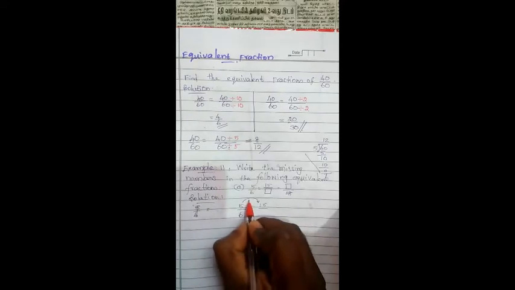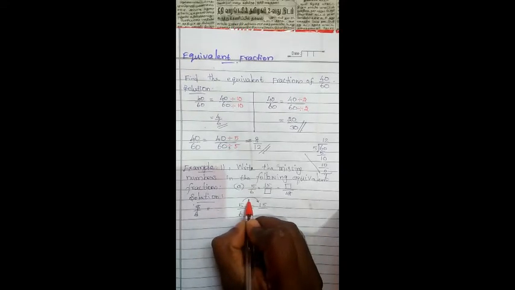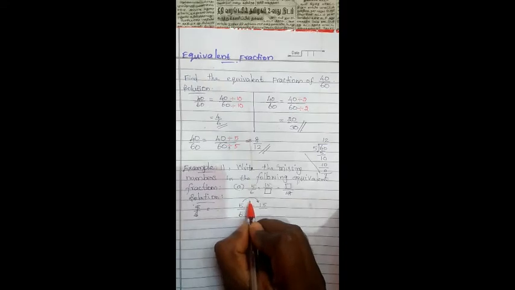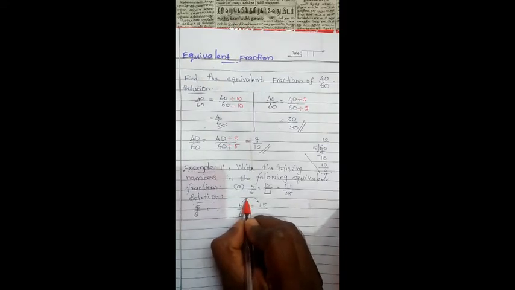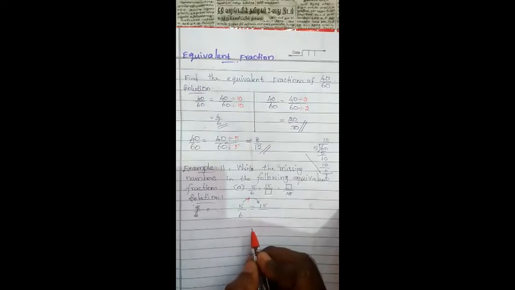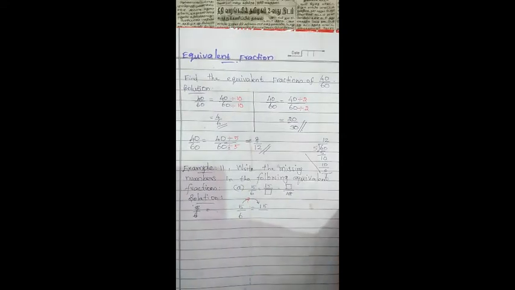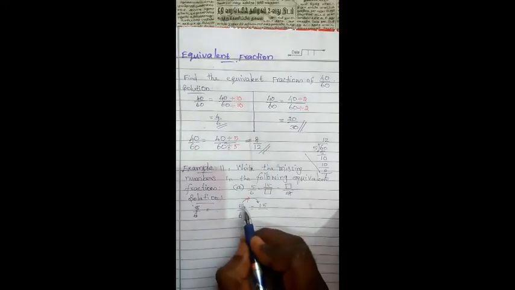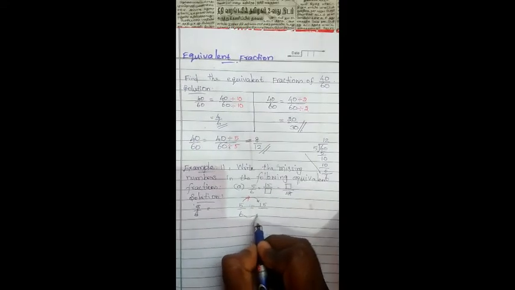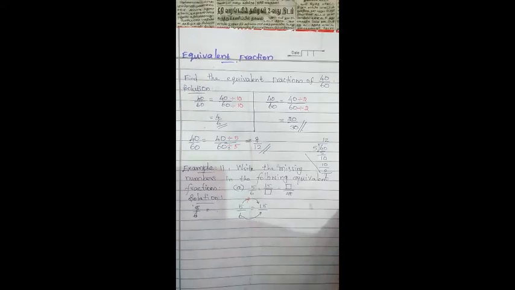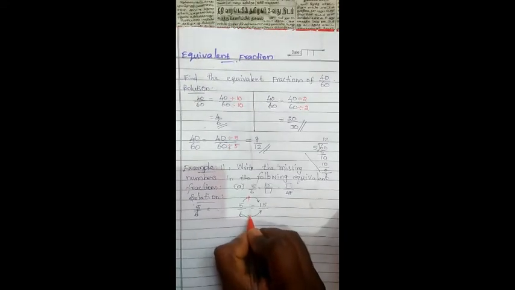So, by multiplying by 3, correct? Multiplying by 3, we got 15. So, what do we do then? We multiply by the same 3 in the denominator.